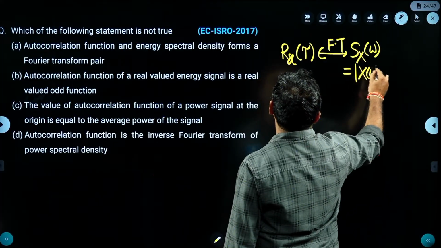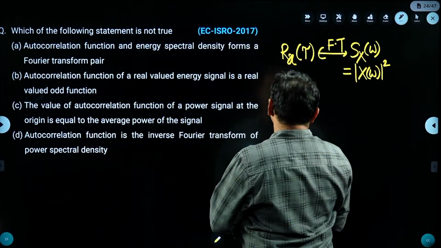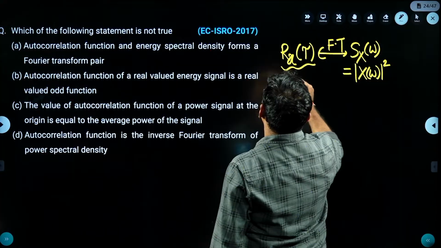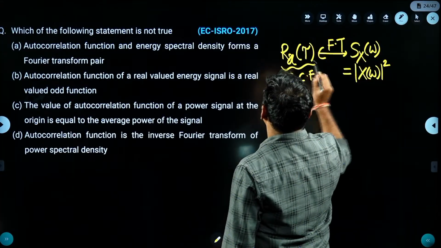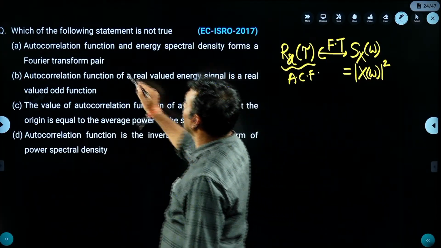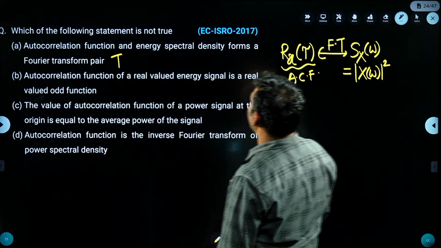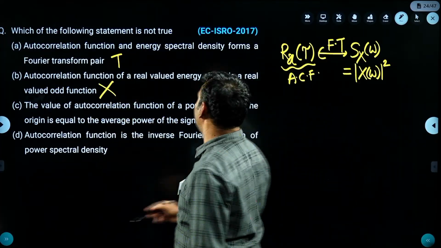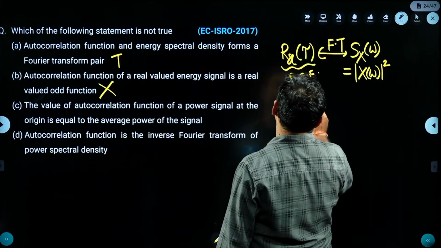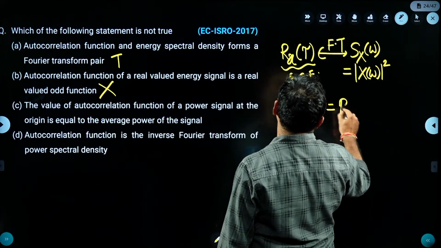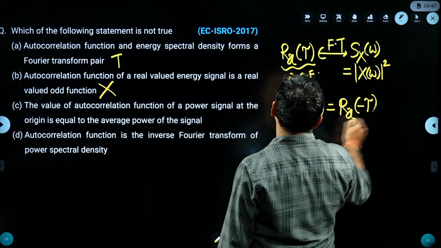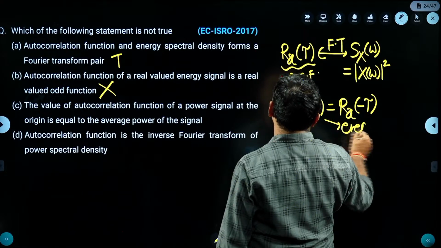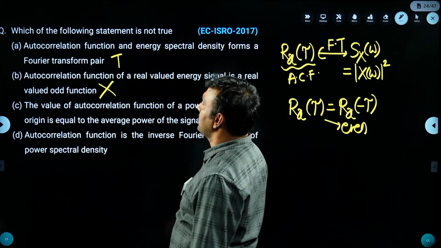Fourier transform whole square is called as spectral density. This is autocorrelation function. That is true. Autocorrelation function of a real valued energy signal is a real valued odd function. Autocorrelation is always an even function. Rx tau is Rx of minus tau. So that is the false statement.